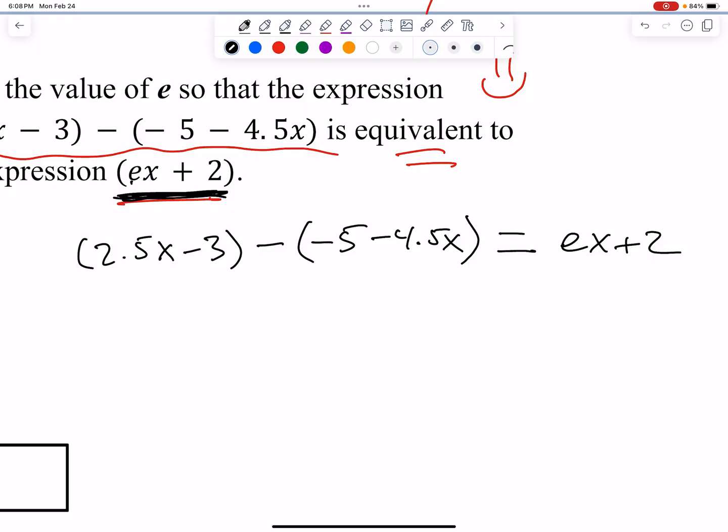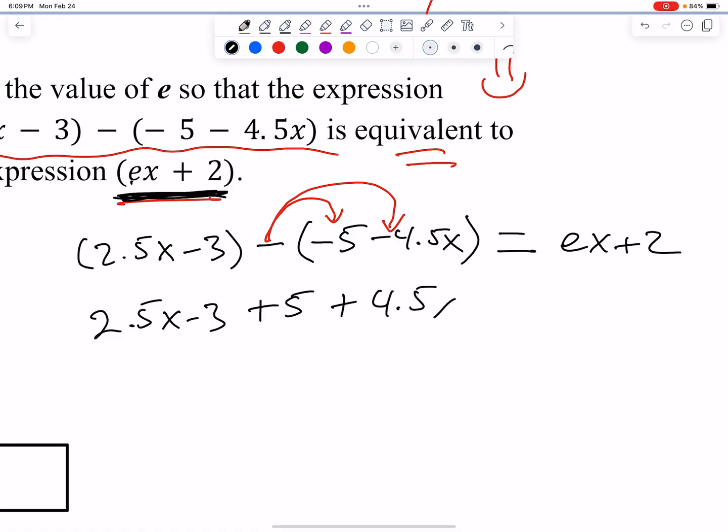So now, my first parentheses group, I don't have to worry about it. I can just get rid of them because there's no minus. But on here, I got to distribute the negative. So a negative times a negative will give me a positive 5. A negative times a negative will give me a positive 4.5x. And the right side, nothing happened.